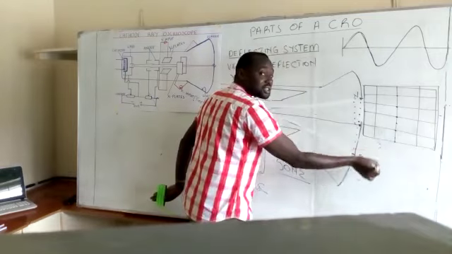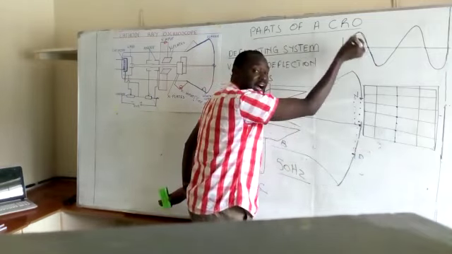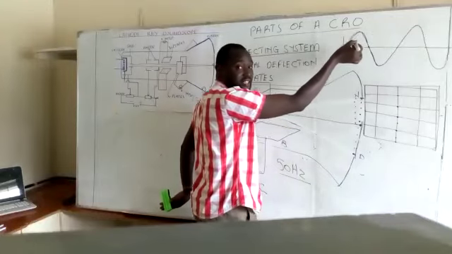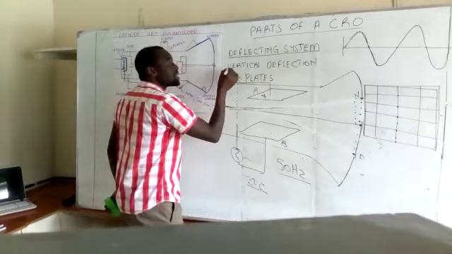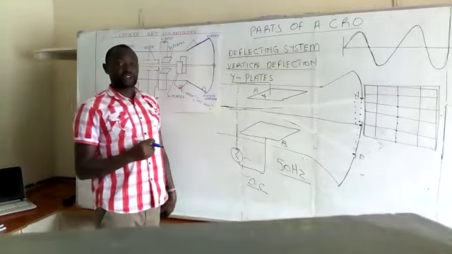So we'll see the dot moving up and down, vertically on the screen. And that's why we are saying that the Y plates cause a vertical deflection on the beam.